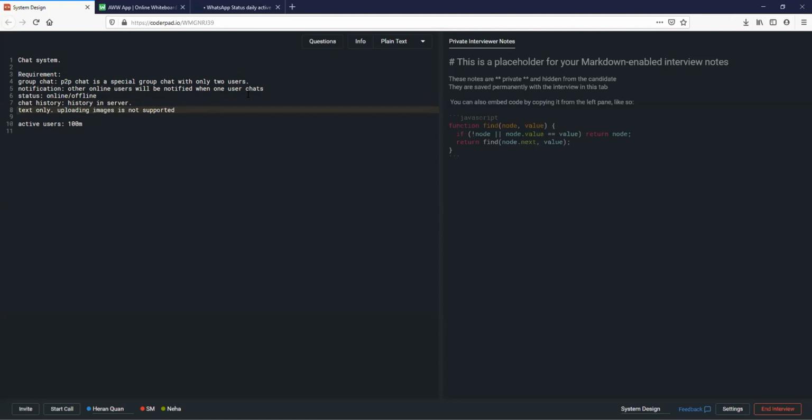Okay, so we have a group chat, sometimes maybe only two users, and other online users will be notified when one user chats, and users can be online or offline. That means we have the phone: if the phone is connected to the server, let's assume that this user is active.